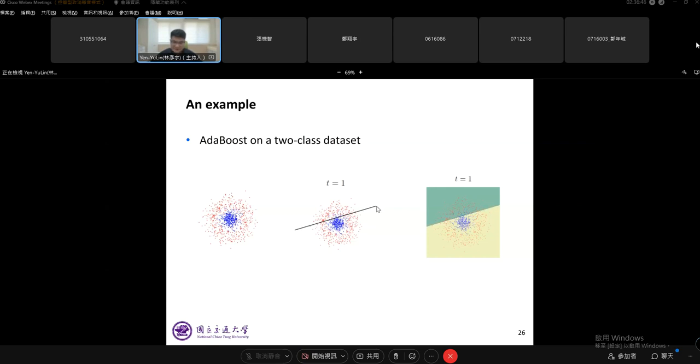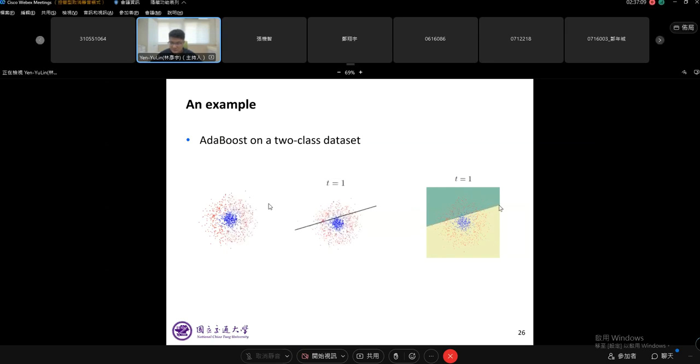Based on this decision boundary, we can plot the decision region of the two classes in the input space. I use a green shaded region to indicate the decision region of class red.